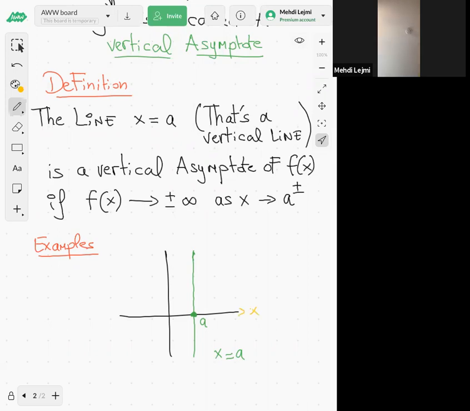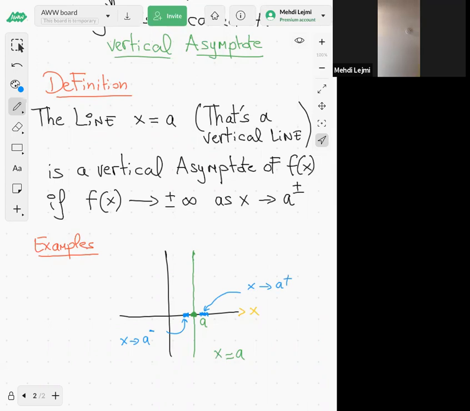My x is approaching a either from the left, so your x is here, or from the right, so your x is here. This is when x approaches a from the left, and here, that's when x approaches a from the right.